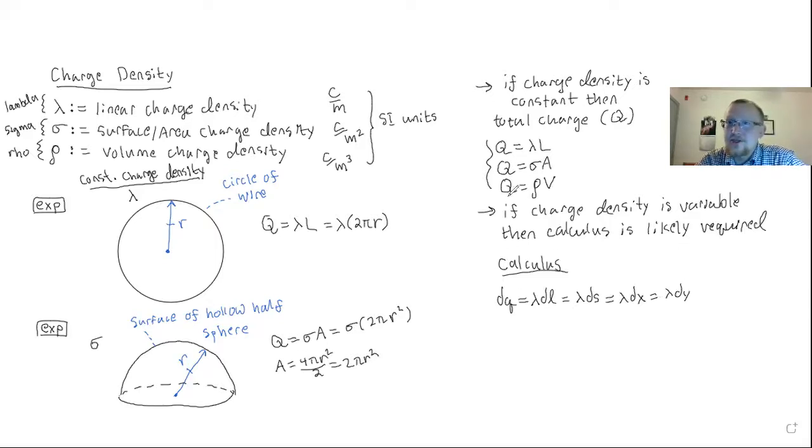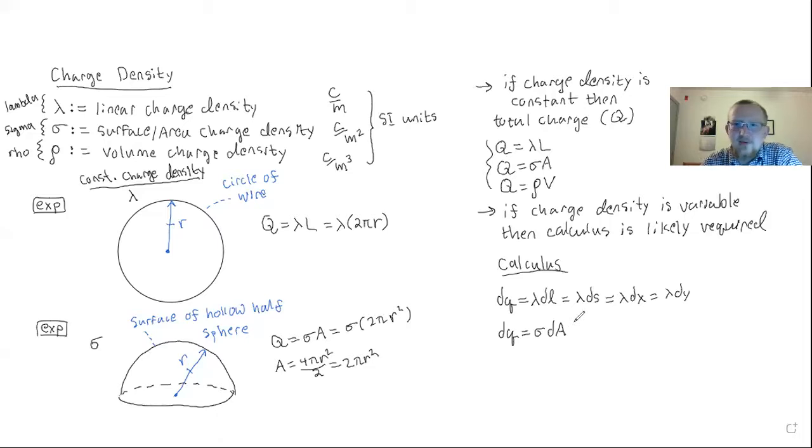Now, the other 2 equations don't really have as many ways to write them. Another way we could find a small amount of charge on a surface is to take the surface charge density and multiply it by a small piece of area, our infinitesimal chunk of area.